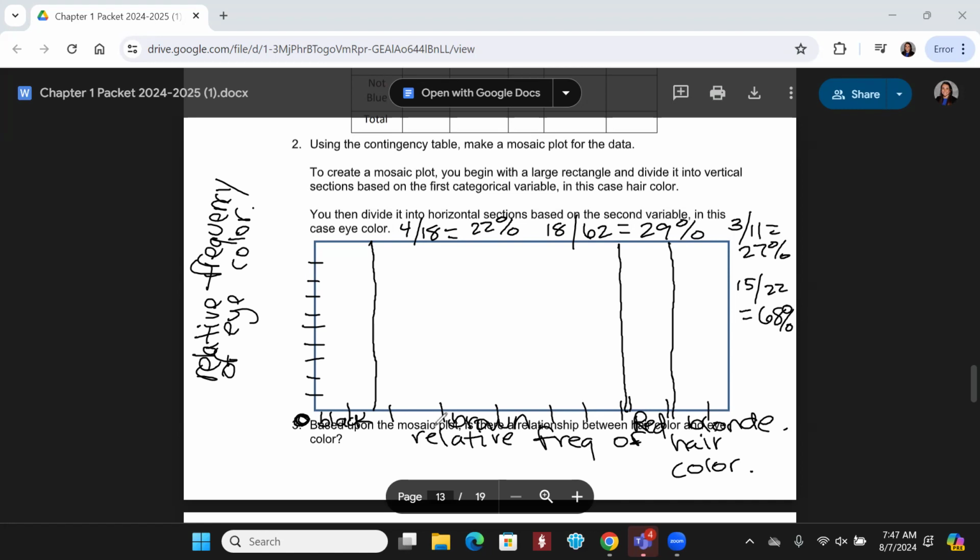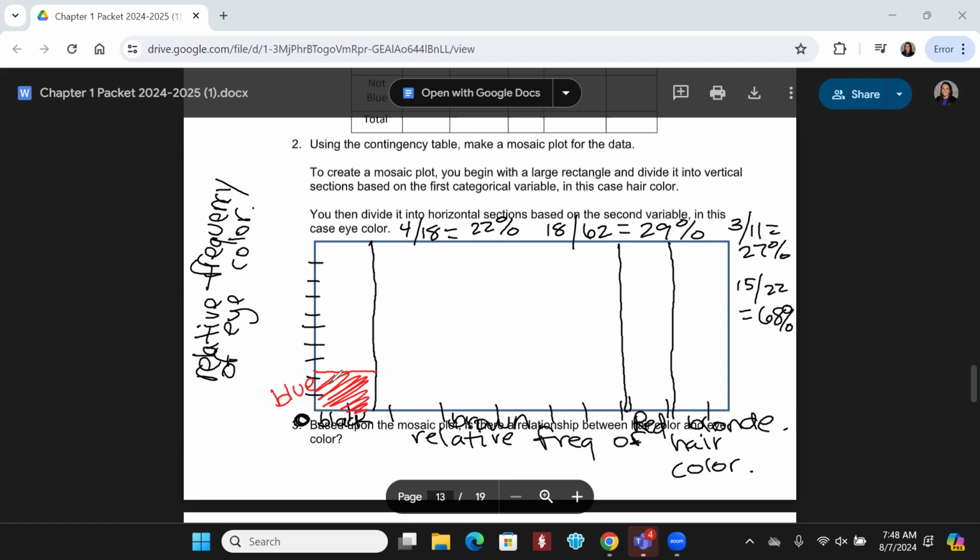Okay, so looking back at the black one, how many of the black hair was blue? 22%. So coming into this little section, I would suggest taking a color. Okay, we're going to go up to 22%. So 10, 20, gonna be right in there. So that means that we have 22% that are blue.